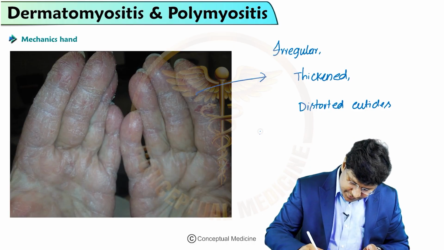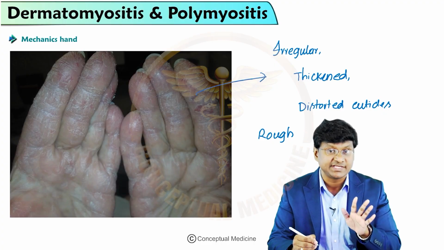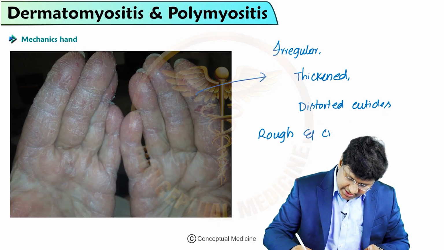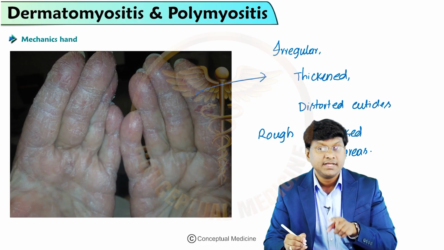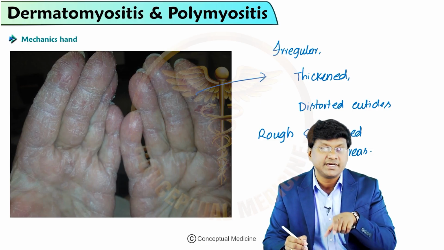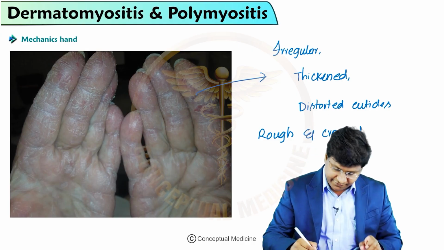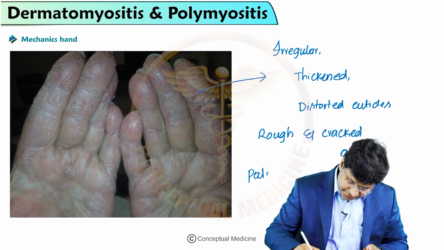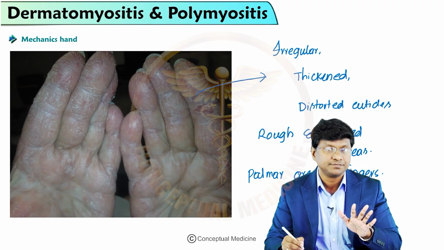Okay, so this particular skin is rough in texture and it has the cracked areas. And where all you will observe these particular dermatological manifestations, that is over the palmar areas of the fingers, right?